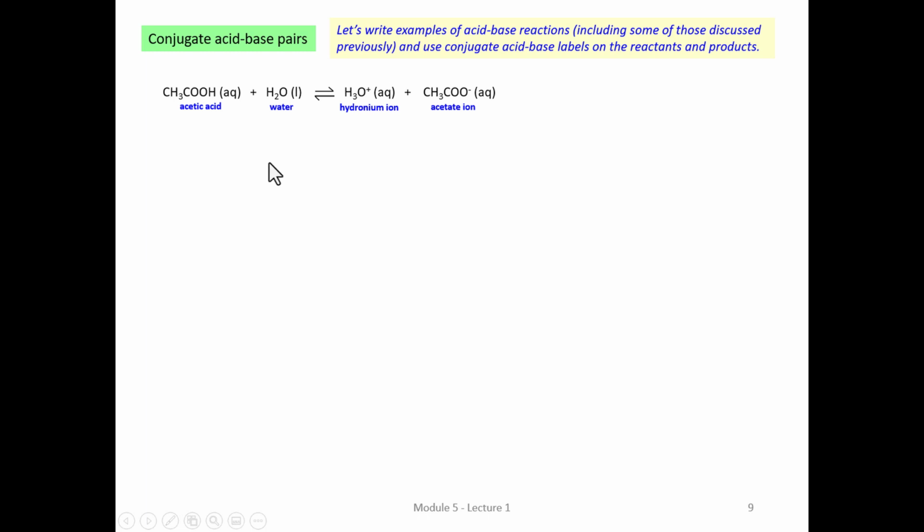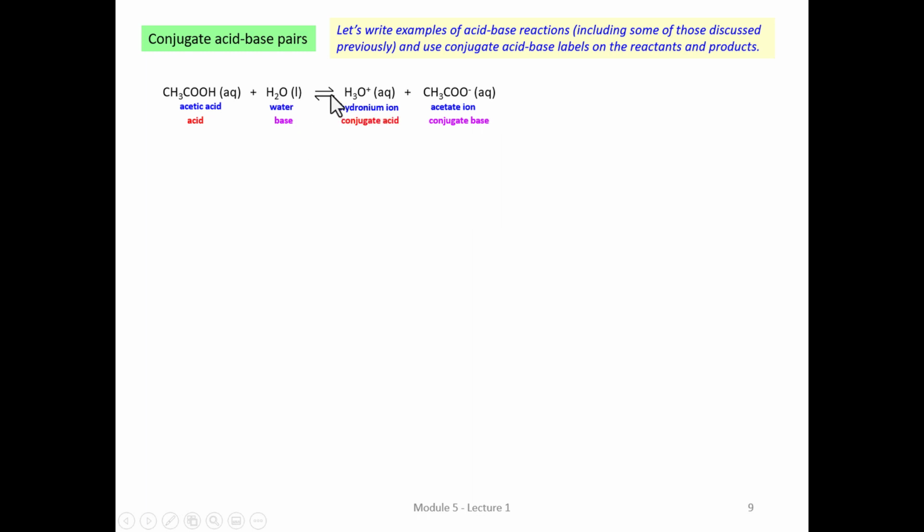Here's one we've discussed before. We said if you take acetic acid and you dissolve it in water, there's an acid-base reaction where acetic acid acts as the acid, surprise, surprise, and here's its conjugate base, the acetate ion, on the other side. Water here, of course, is acting as the base because it is accepting an H plus from acetic acid.